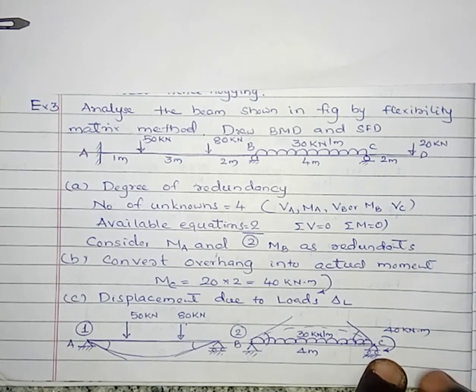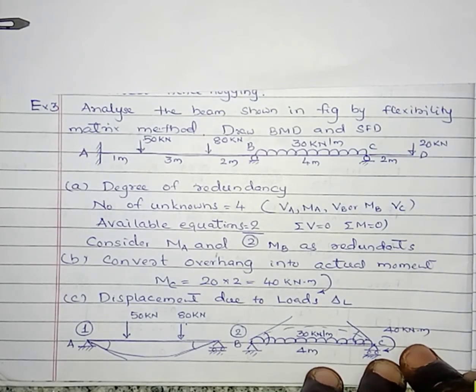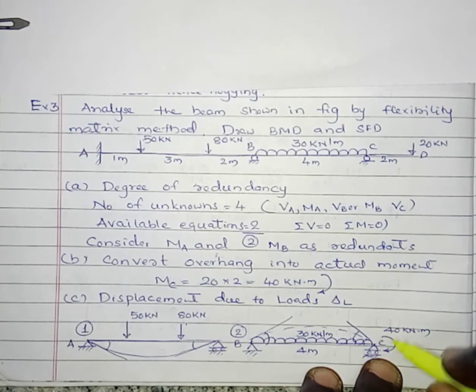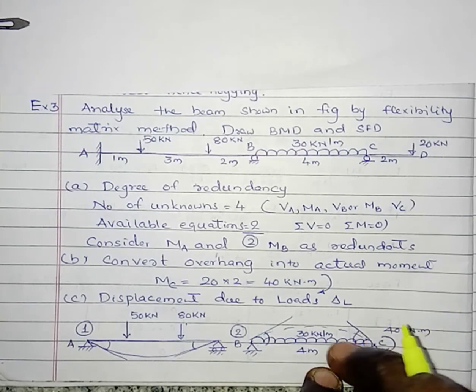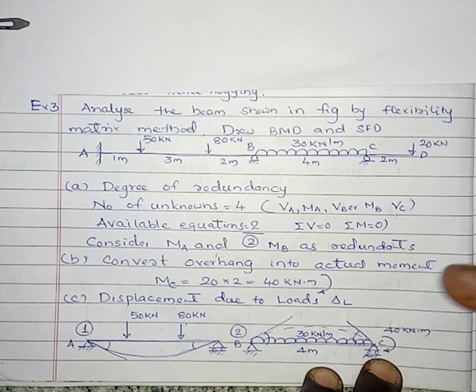Then in addition to that, here we have just now calculated the overhanged portion, that is we have calculated the actual moment. We have to show the moment acting at C, that is the actual moment of 40 kilonewton meter in clockwise direction. It is subjected to the following two loads, one is UDL, one is the couple moment acting at C.